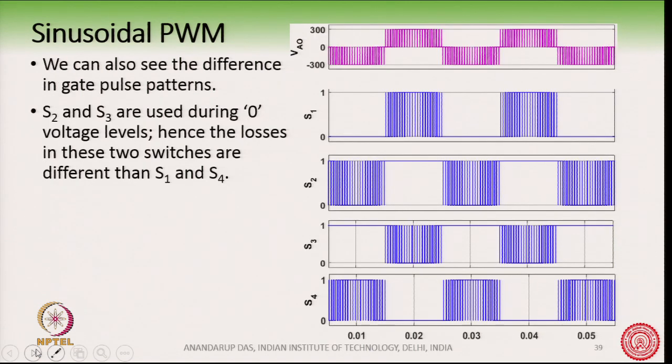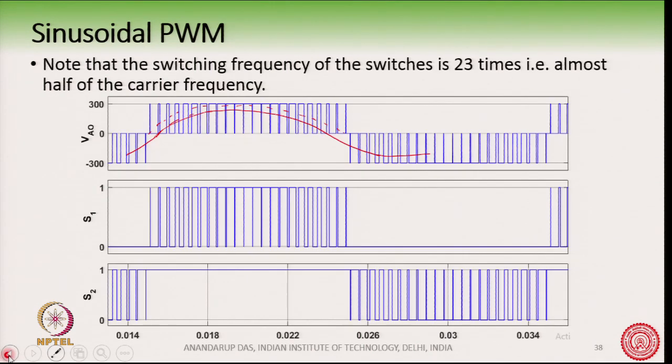So, we can also see it here in this diagram. We can see, therefore, that in NPC the uneven loss distribution in the switches is a challenge, for which we have other topologies where the loss distribution has been specially taken care of.